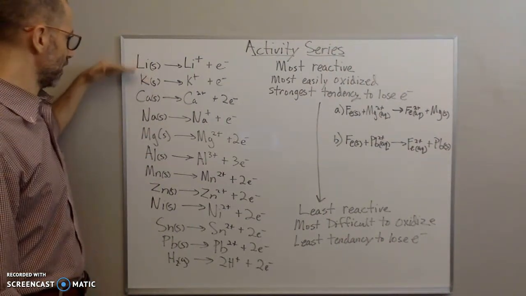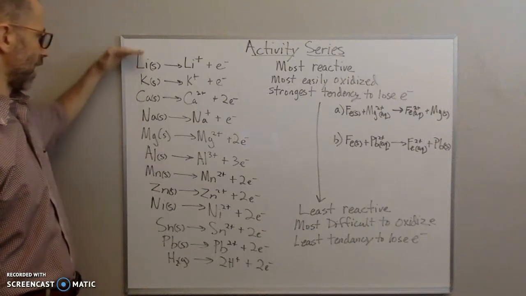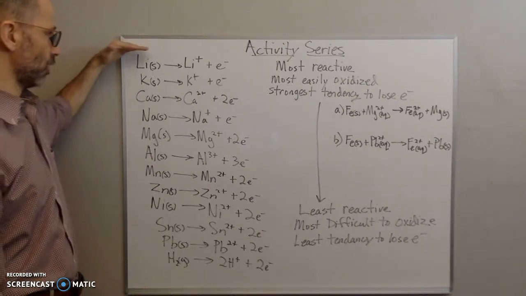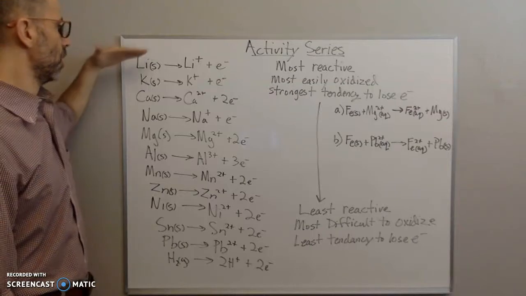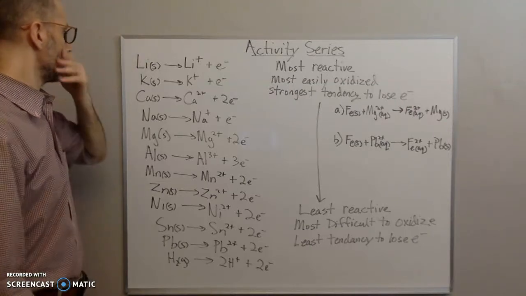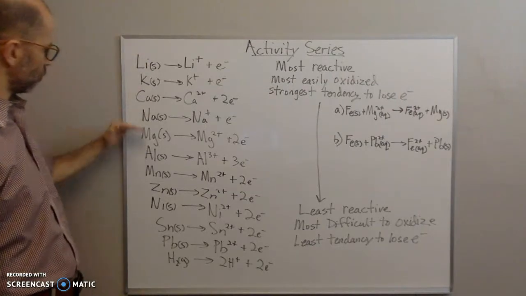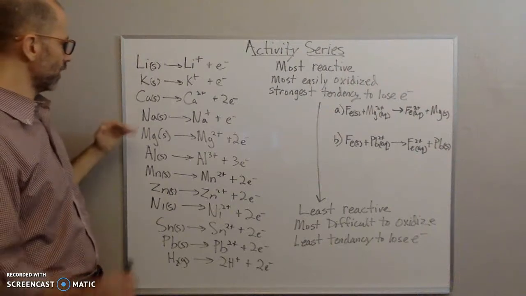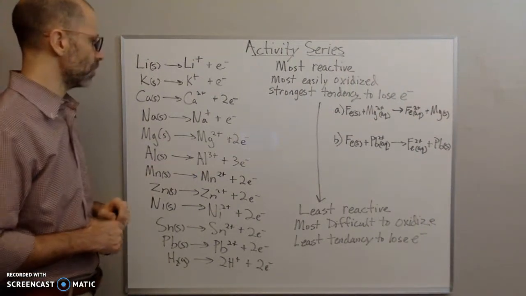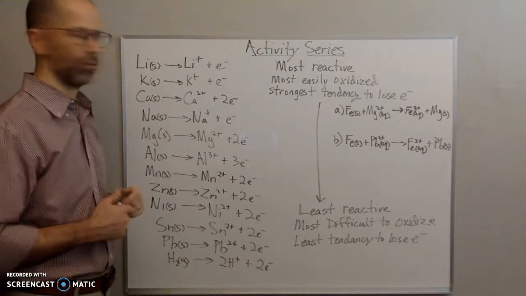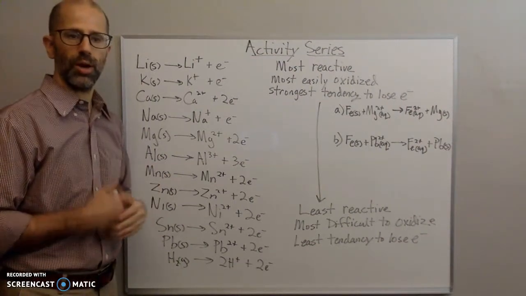So that means that any metal towards the top is going to be more likely to lose an electron and therefore be oxidized. So elements or metals at the top are more likely to want to give away their electrons more than those on the bottom.